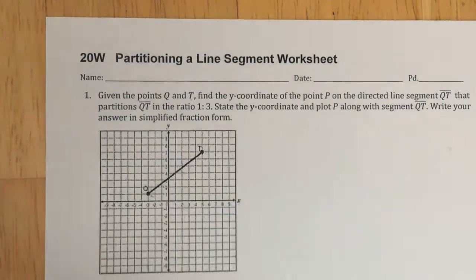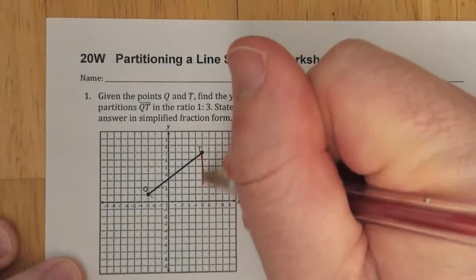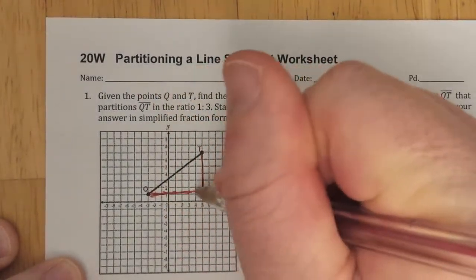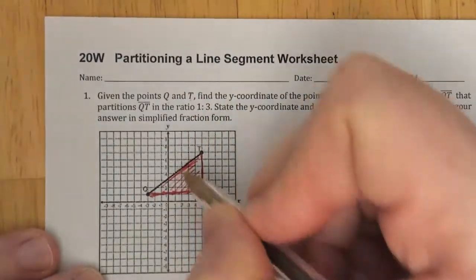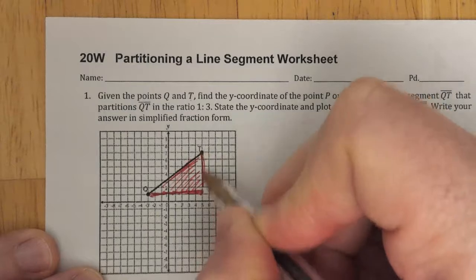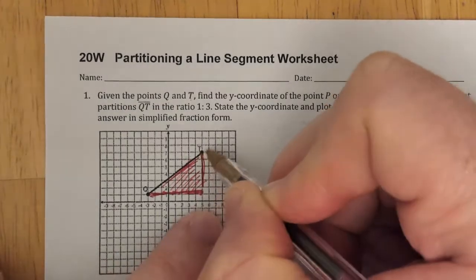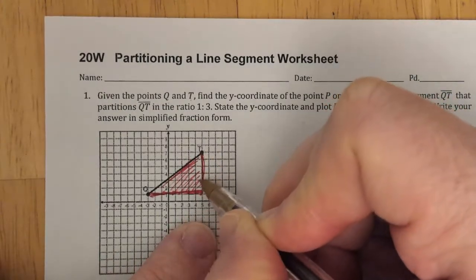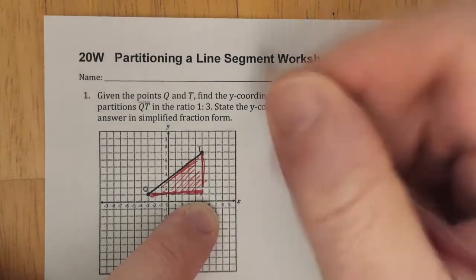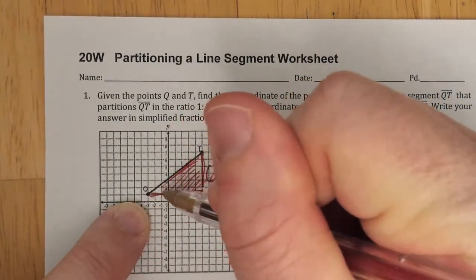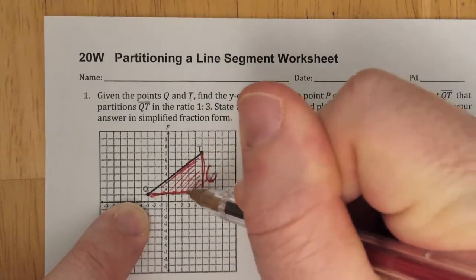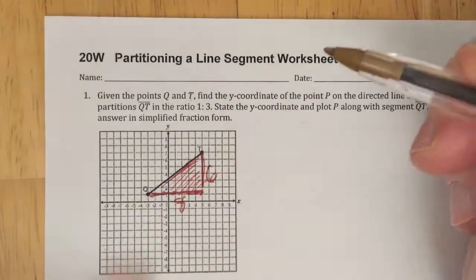Okay, so first of all, we're going to make a right triangle right here, right? Okay, so we're gonna go from your dot to your corner. 1, 2, 3, 4, 5, 6. That's 6. And from the dot to the corner, 1, 2, 3, 4, 5, 6, 7, 8.